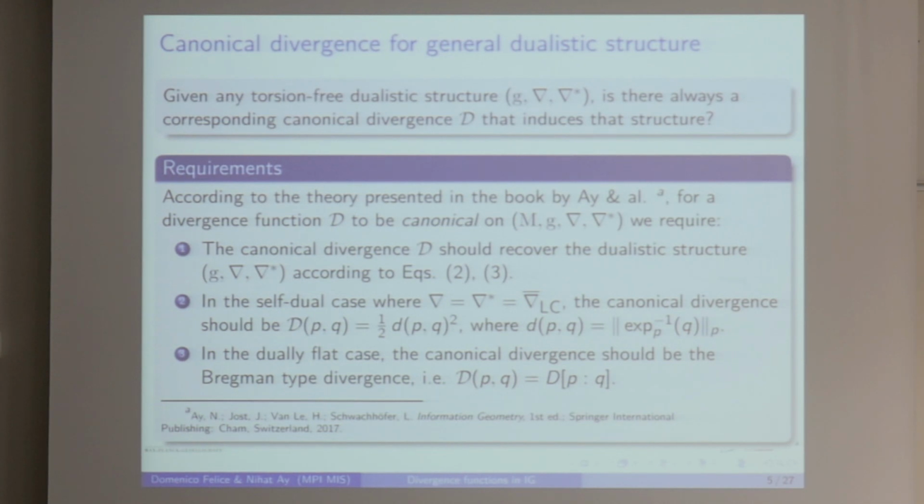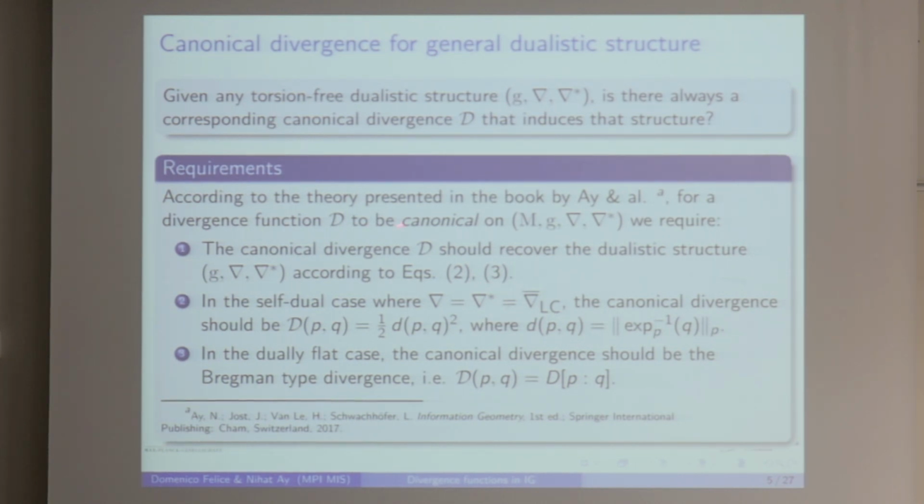So the goal of this work is to define a canonical divergence that induces a given dualistic structure on a smooth manifold. The requirements for a function to be called canonical are the following. It has to recover the dualistic structure. It has to be one half the Riemannian distance squared in the case where the two dual connections coincide, which is the case when we recover the Riemannian geometry.